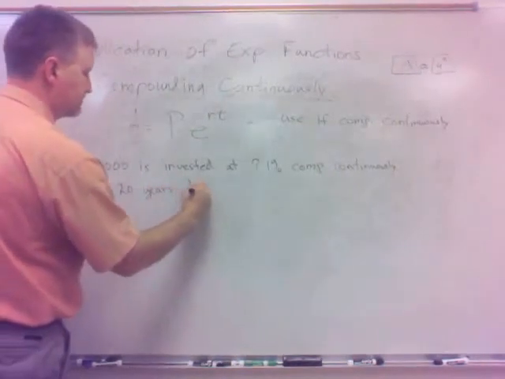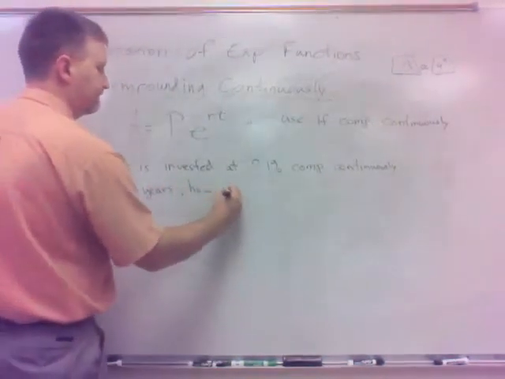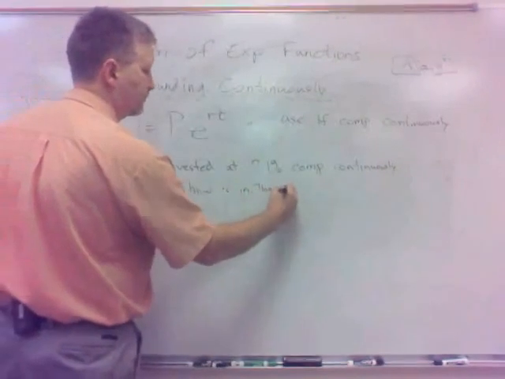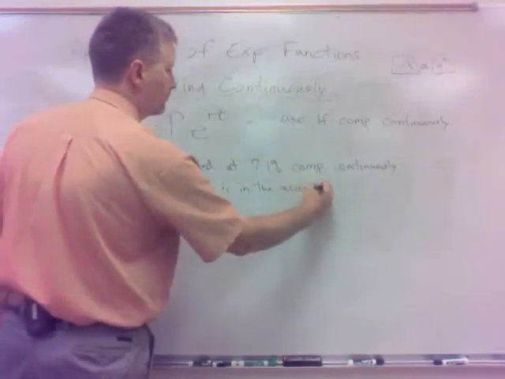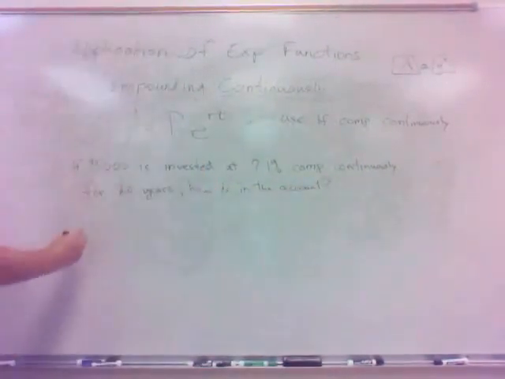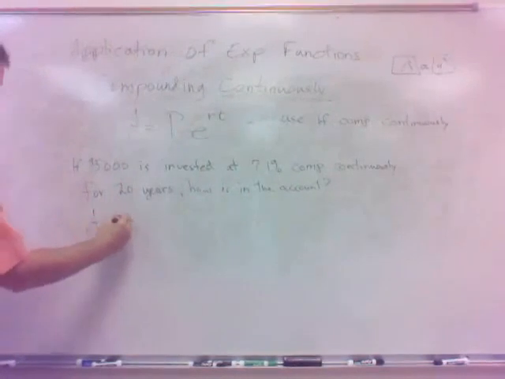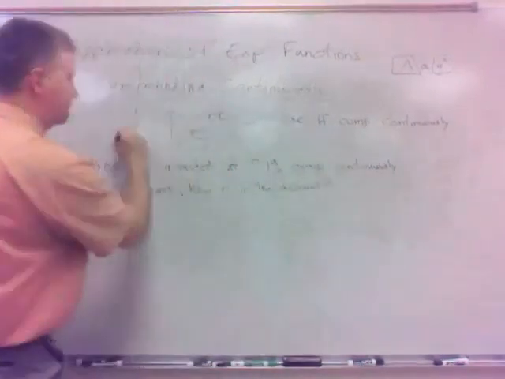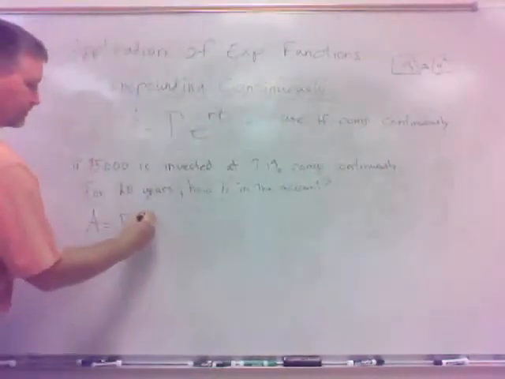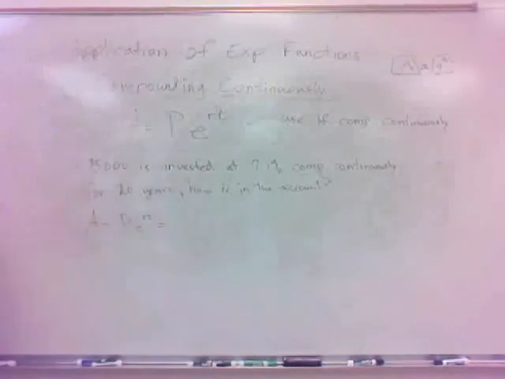How much is in that account? Well, since it's compounding continuously, this is the formula we use. A equals PERT, P-E to the R-T.